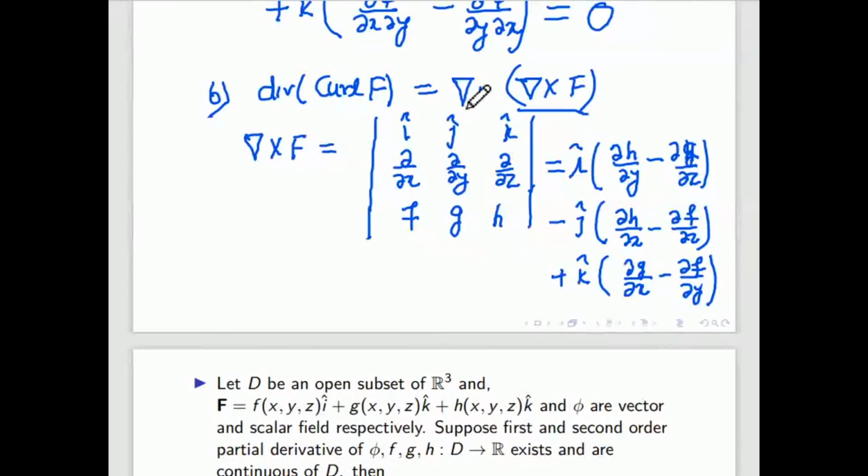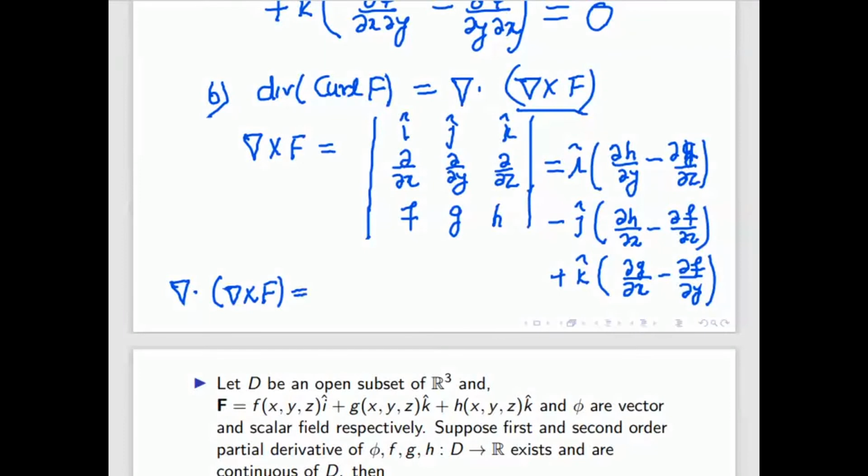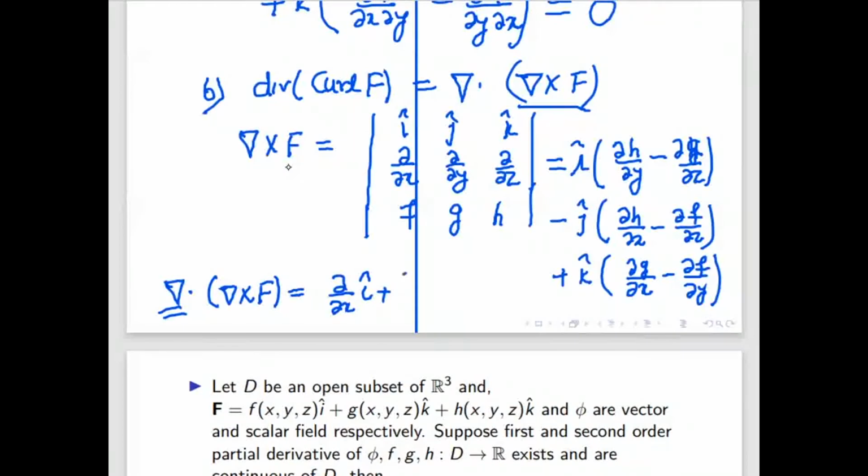That means we have to take the del operator, del by del x i cap, del by del y j cap, del by del z k cap, dot product with whatever we got.